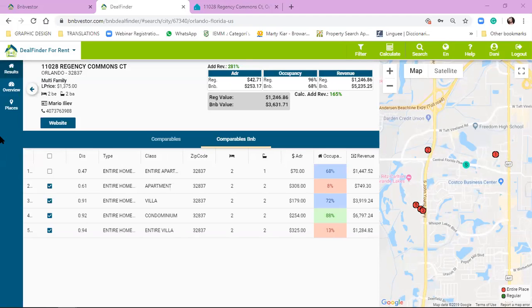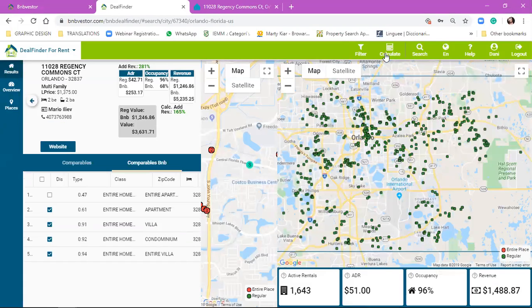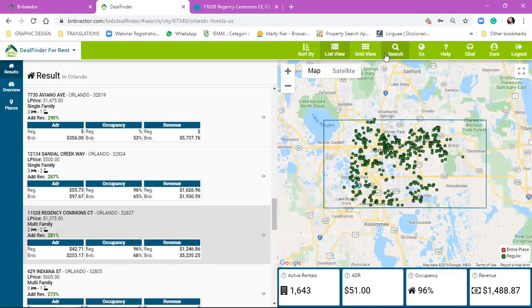Okay, so I'm going to go back, and since this seminar is for both Orlando and Tampa, I want you guys to give me some examples so that we can take a look at some areas to see if the properties are good to rent, and if you want to analyze a specific part in our BNB Investor page.